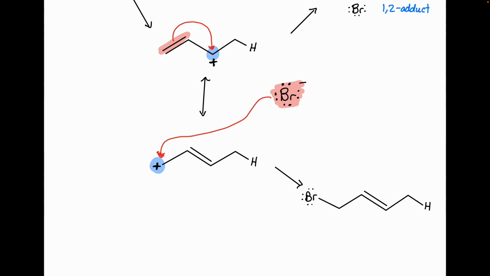Okay, so now my bromine is located all the way on the other end here. This is what we would call the 1,4 adduct, because these 2 are located 1, 2, 3, 4 carbons apart from one another.